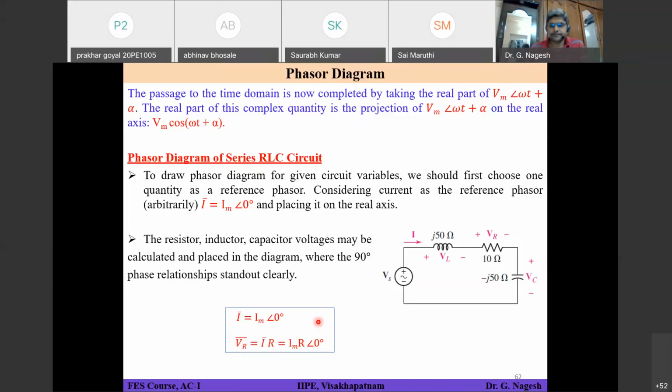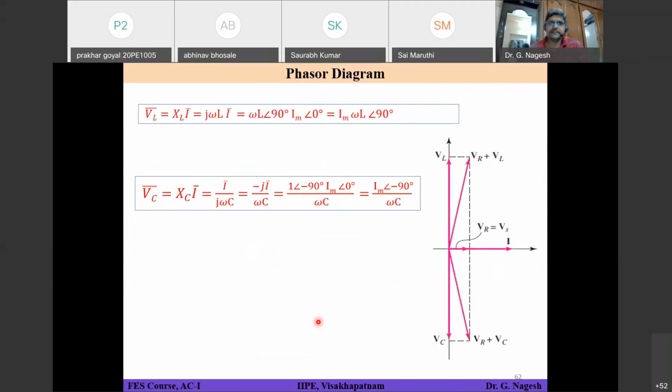Okay, they are lying one over the other if you draw the phasor diagram. Similarly, if you see the voltage across the inductor, we have already seen how to calculate. V equals j omega L times I. So I is Im at an angle of 0 degrees, and j omega L is a complex number. If you convert into polar form, it will be omega L at an angle of 90 degrees.